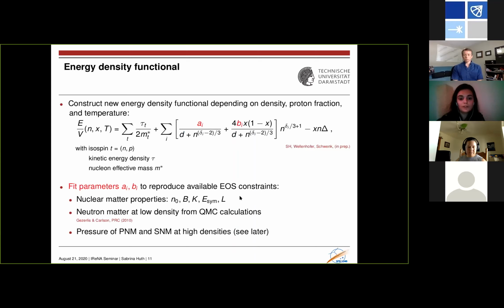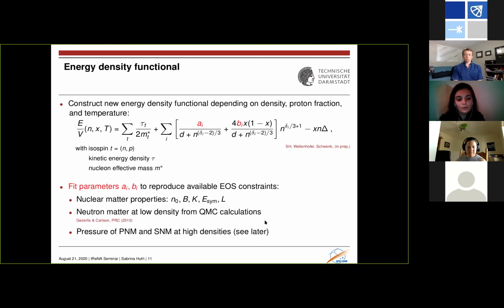So we choose 5 nuclear matter properties: saturation density, binding energy, incompressibility, symmetry energy, and slope parameter. And then we fit 1 more parameter at low densities. Here we use the energy of pure neutron matter, and this is at very low densities from accurate quantum Monte Carlo calculations.